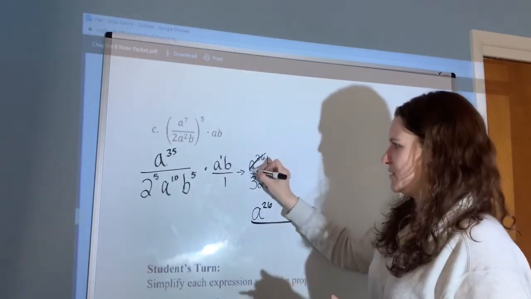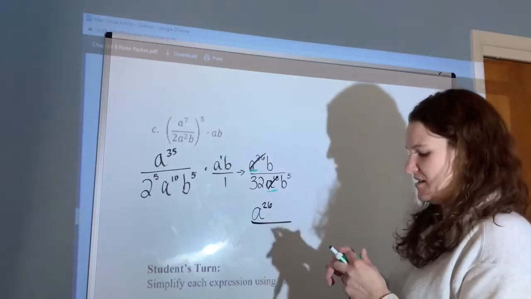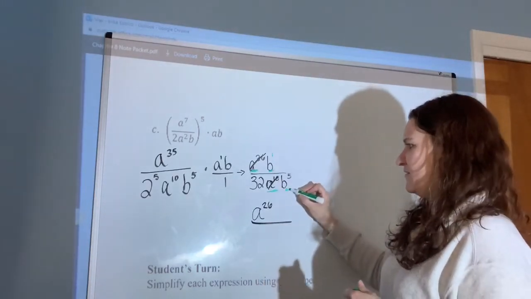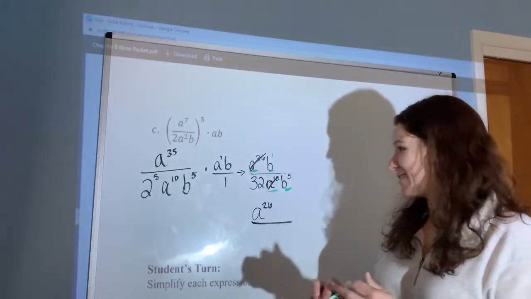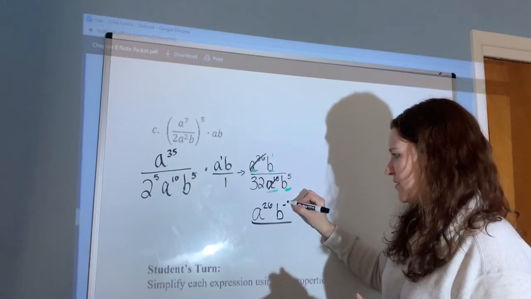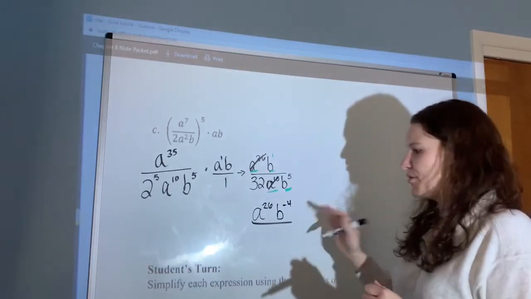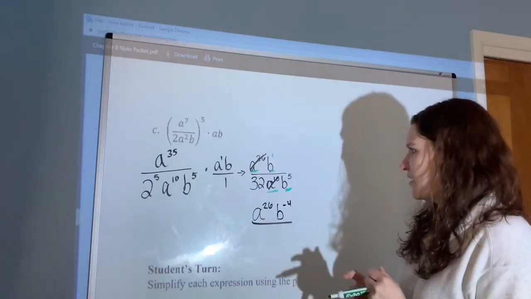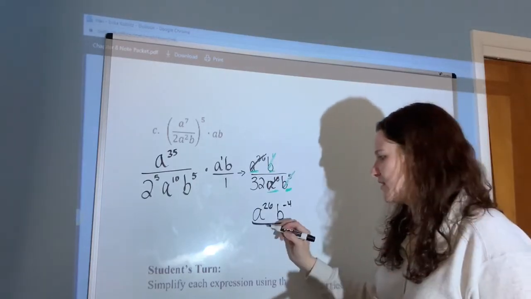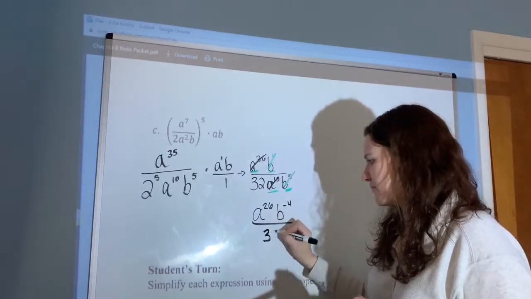All right, so that simplified and that simplified. Now we have b to the 1st here and b to the 5th. So if I subtract those, technically I'm going to have b to the negative 4th power. We'll talk about that a little bit later. So that's simplified, and that's simplified, and then the 32 is still going to be on the bottom.